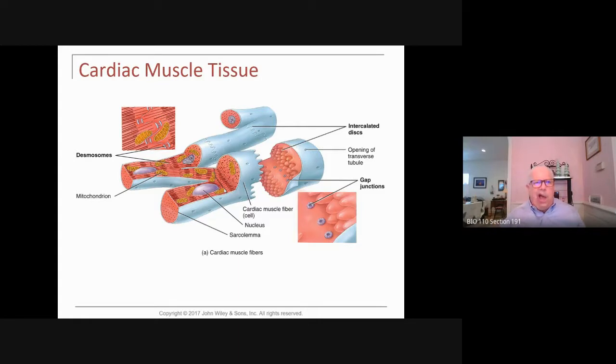Cardiac muscle tissue. You kind of learned this in AP1, but I just want to go over a little bit of it. There are junctions in the cardiac muscle tissue. There are junctions in every tissue, but in the cardiac muscle tissue, there are gap junctions. And the reason that these are important is because electricity travels through these gap junctions.